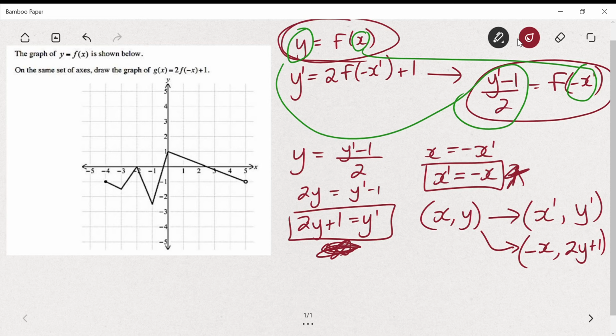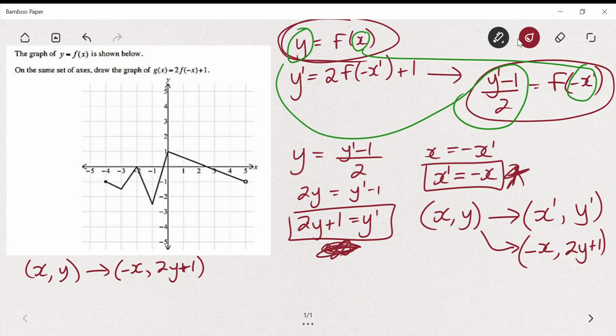So I'm saying for each point you can go x, y, whatever the point is, on the graph that's drawn above, should become minus x, in other words, reflected in the y-axis, and 2y plus 1. So you need to double the distance away from the x-axis and then go up 1 unit.